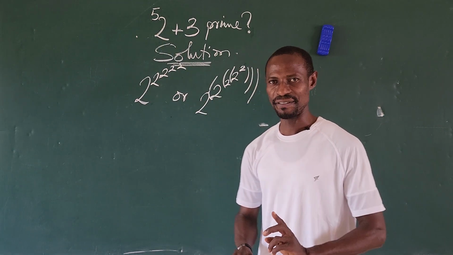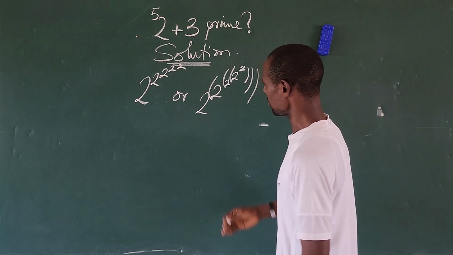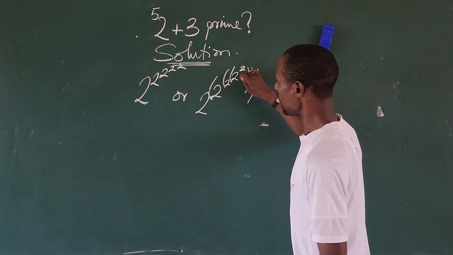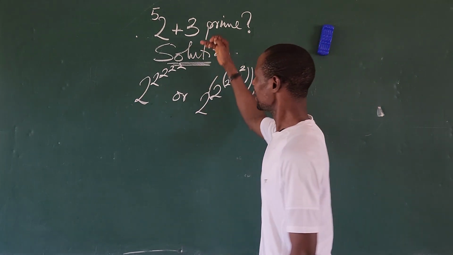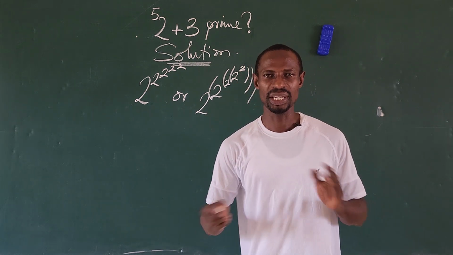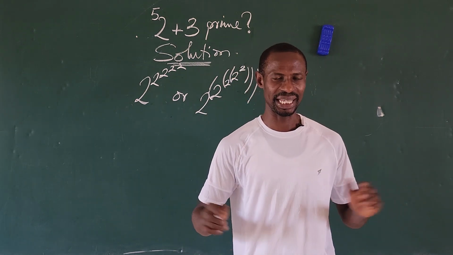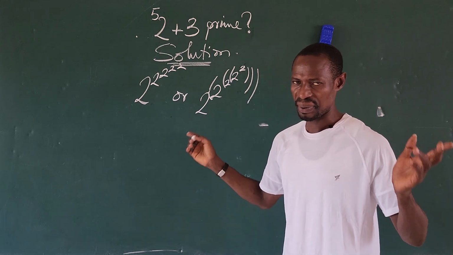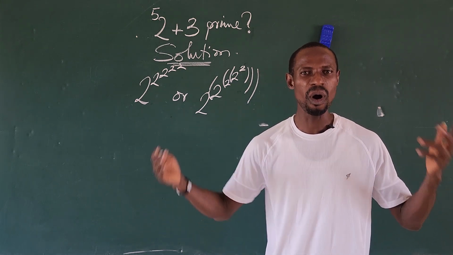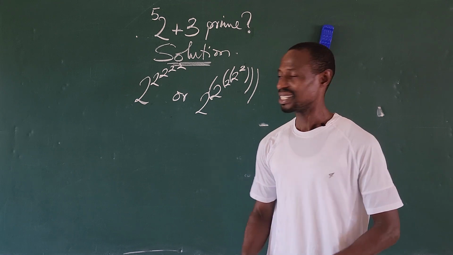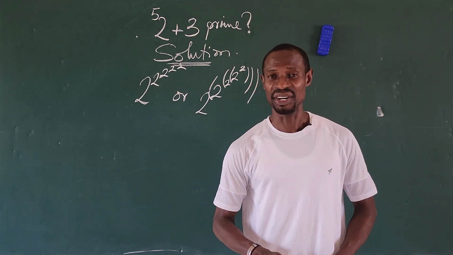And like I said in that video, we want to start the simplification from the top expression here, and add it to 3 and see if it gives us a prime number. We go to the next one, and the last one, to see if it will give us a prime number. I pray that the last one doesn't go out of range because the figure here is very huge.